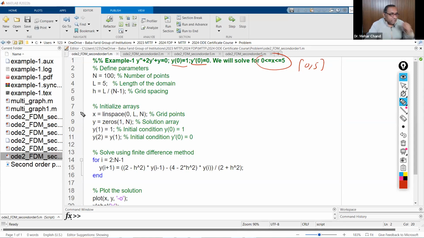The most important thing is to establish this equation with the help of the finite difference method, and how you can do this is quite simple.